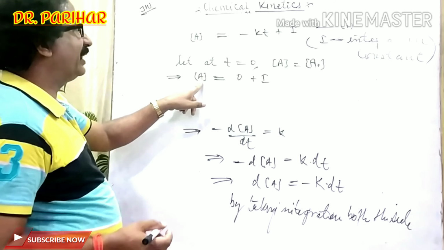So the integration constant must be equal to the initial concentration, right?